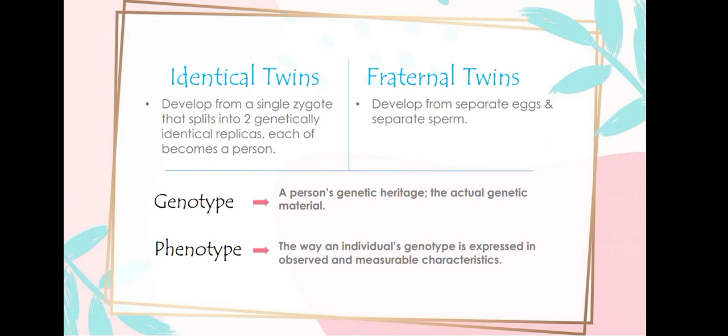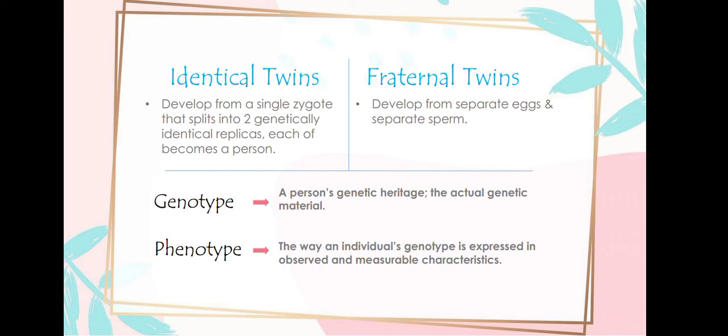So basically, identical twins develop from a single zygote that splits into two genetically identical replicates. Each becomes a person. Actually, it's from a single zygote, and then that zygote splits into two and becomes two babies. Whereas fraternal twins develop from separate eggs and separate sperm. Means they have two eggs, and then the two are fertilized by two sperm.